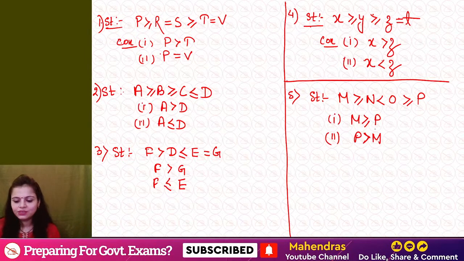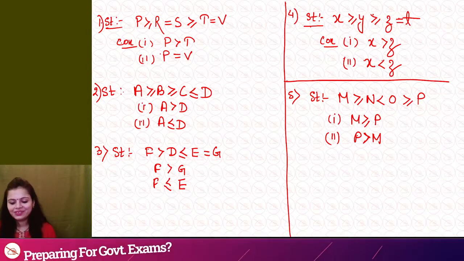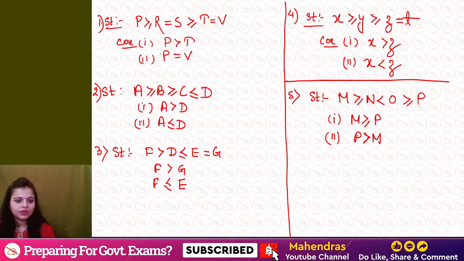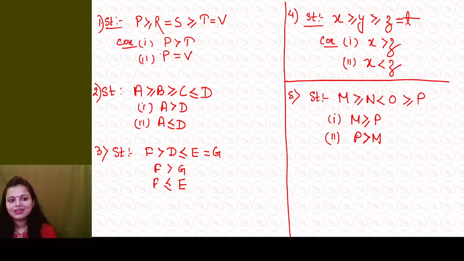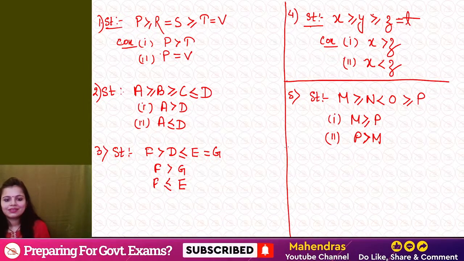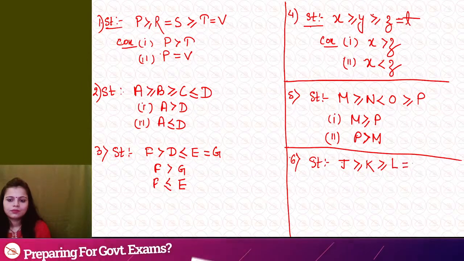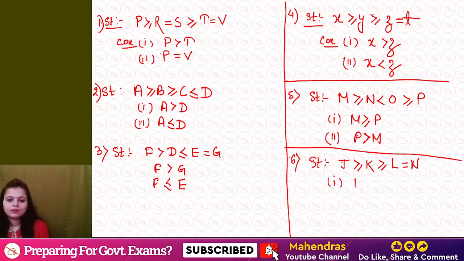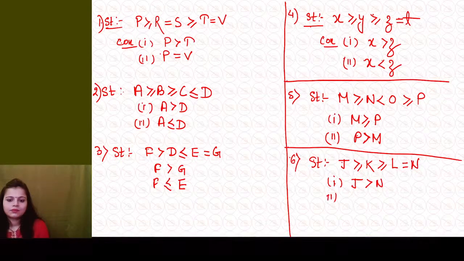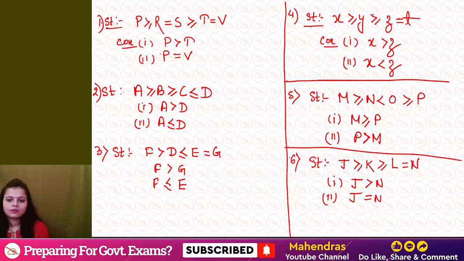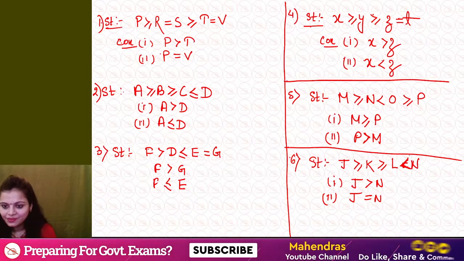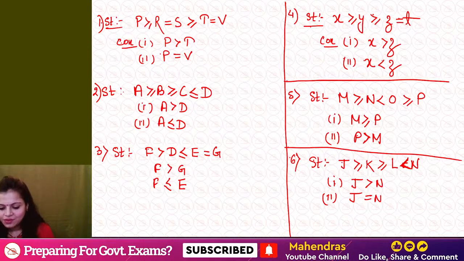So these are the 5 questions. Just answer. What will be the answer? Neither nor. Second one is neither nor. Fourth is neither nor.